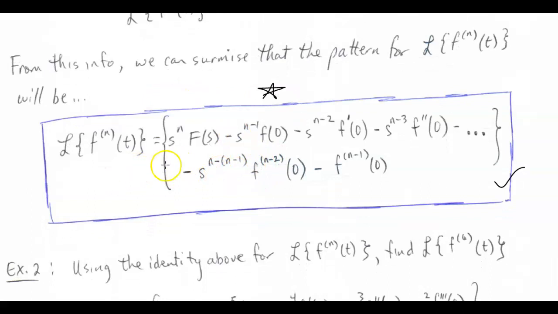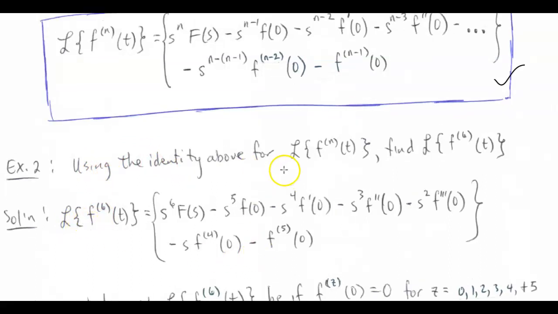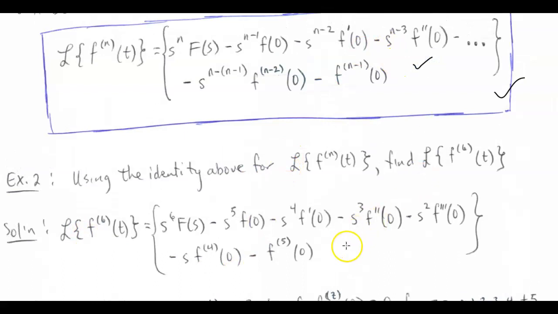So now that we have this formula here, we could do things like, well, let's find the Laplace transform of the sixth derivative of some function. And we could literally just use this formula and write out what it's going to be, okay? Now, one of the things that you notice here is that if we're talking about the sixth derivative of some function, then we're probably going to need to know a lot of initial conditions, okay?